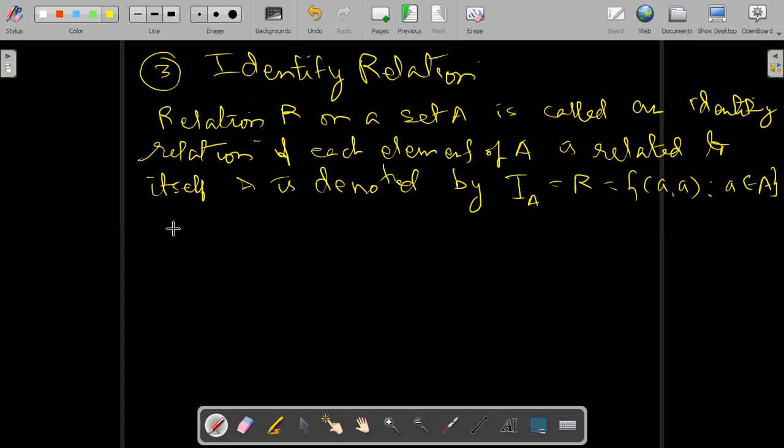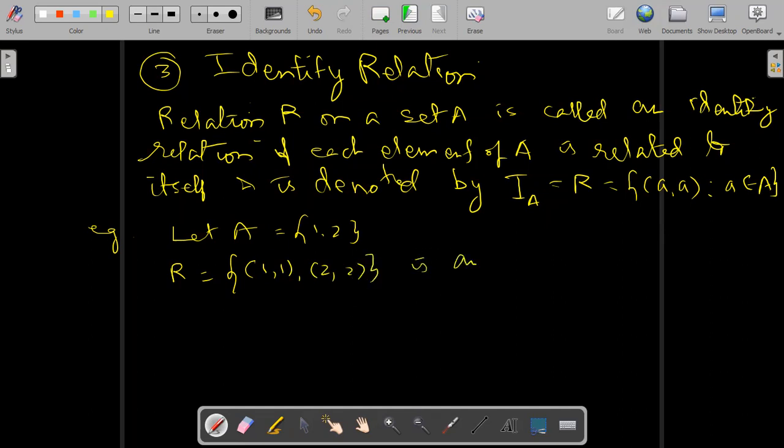For example, let A be a set of elements 1, 2. Then if the relation R has the elements 1 1 and 2 2, all the doublets, then it is an identity relation.